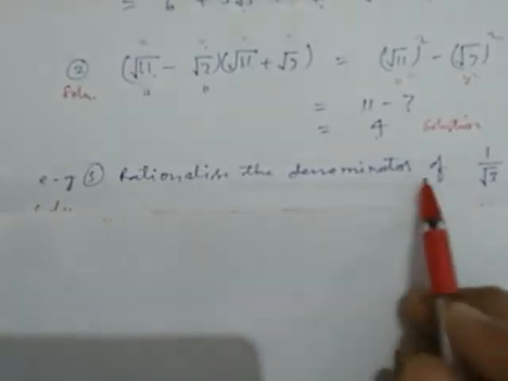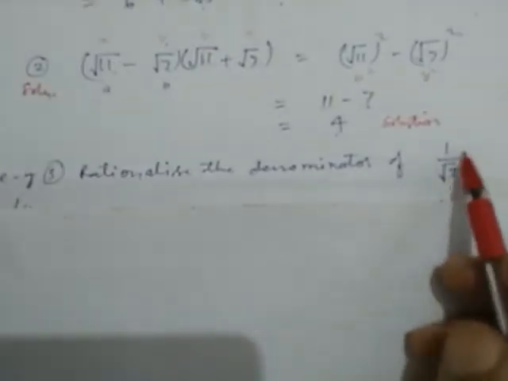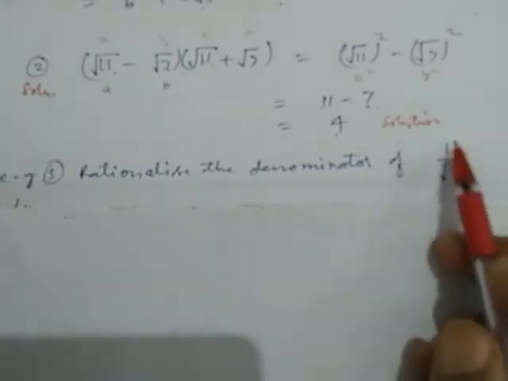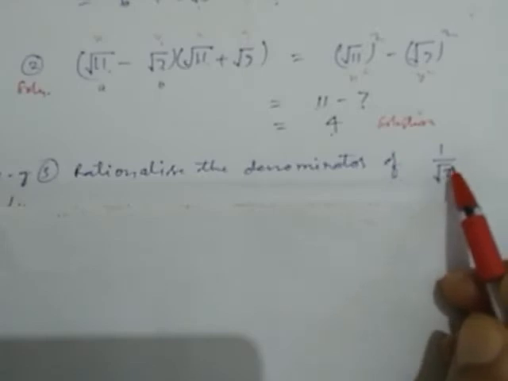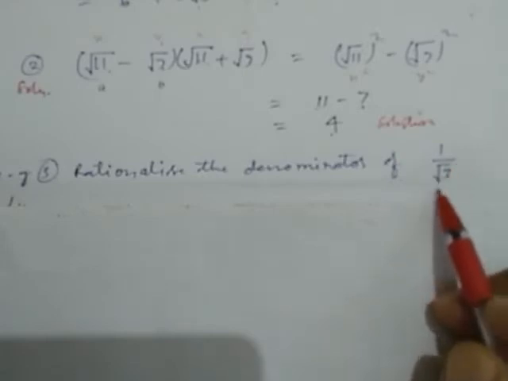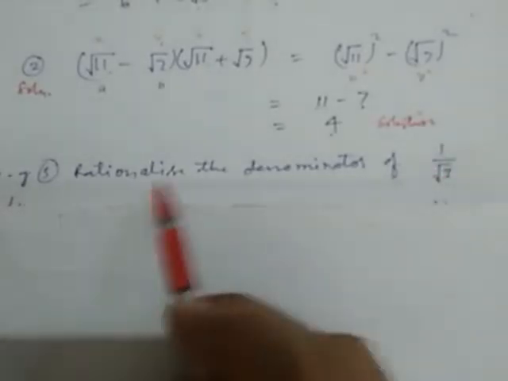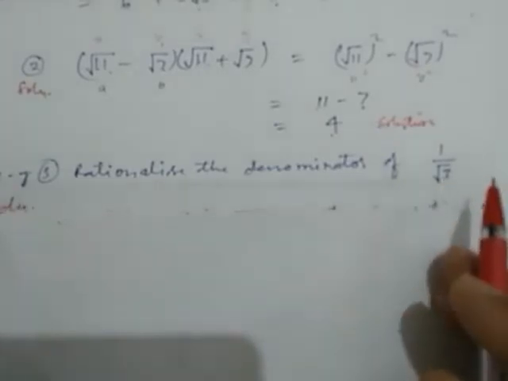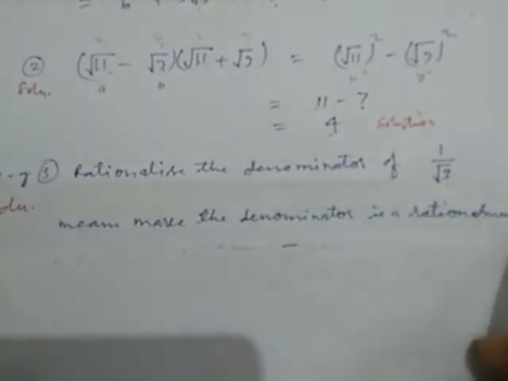Rationalize the denominator of 1 by root 3. Okay. This is a value which has a root in the denominator, and we can't handle a root there. So first we remove this root from here, and this procedure is known as the rationalization of the denominator. How do we rationalize? Rationalize means make the denominator a rational number.